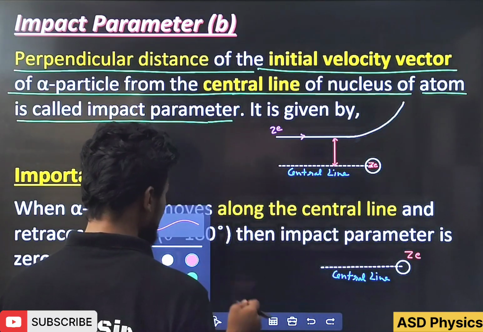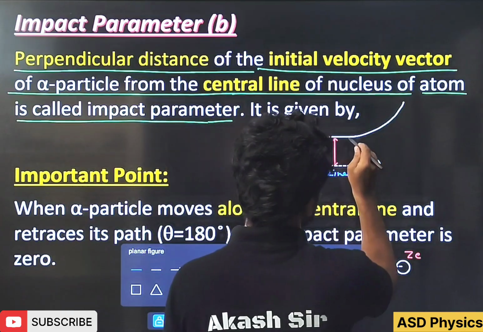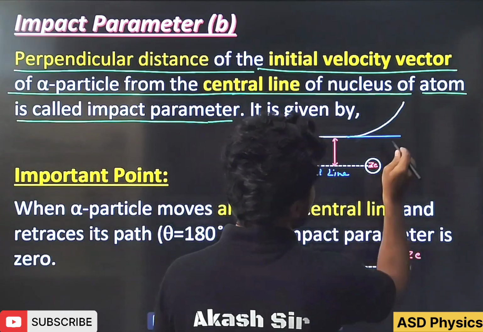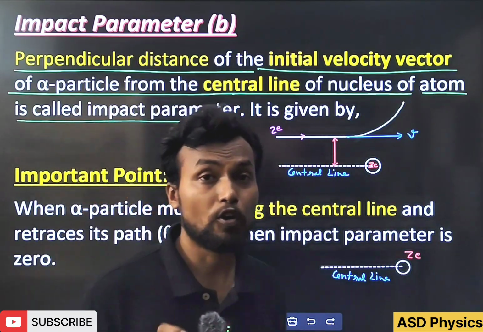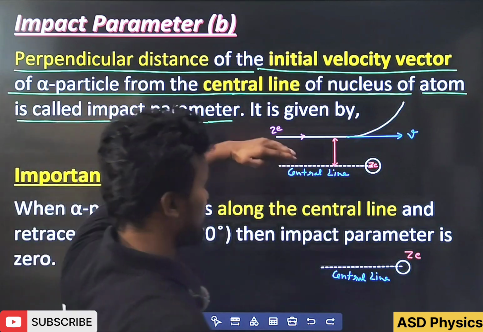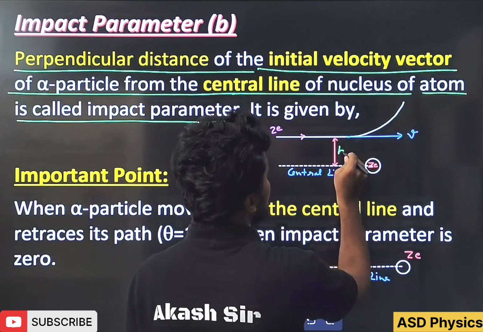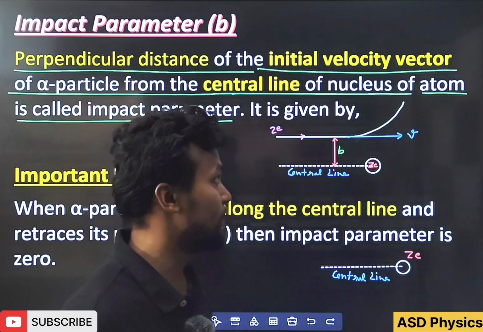Here you can see very well the initial velocity vector direction. The alpha particle is moving along this direction, so this is the initial velocity vector. According to the definition, the perpendicular distance of the velocity vector from the central line of the nucleus is called the impact parameter.